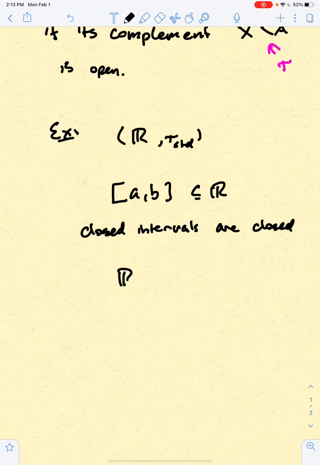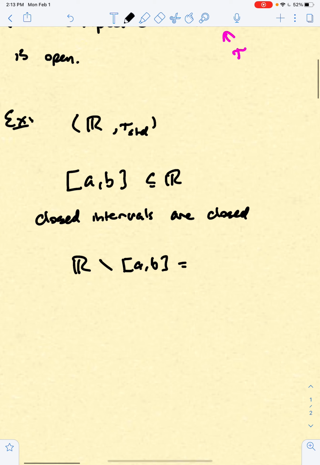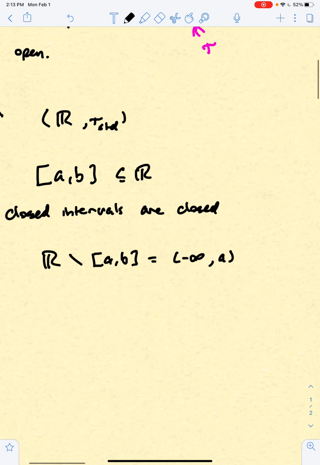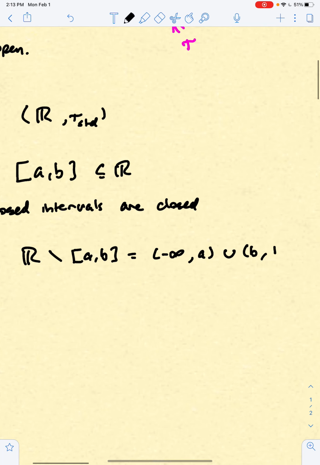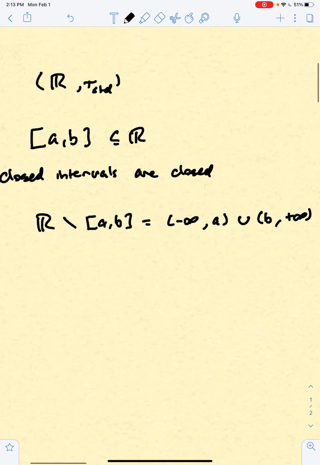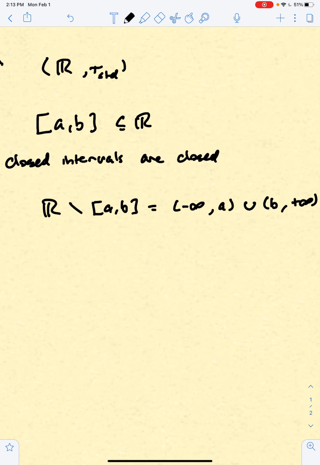Why? Well, the complement is going to be equal to all reals strictly less than A, union all reals strictly greater than B. Both of those are open, using the definition of the order topology, or you can just use the basis.